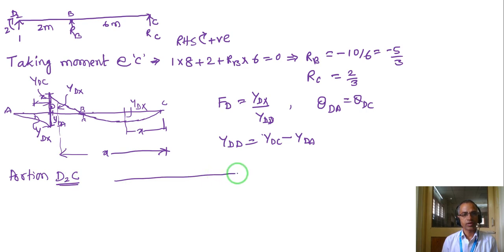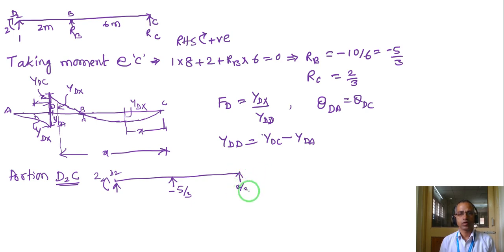So if I try to draw this, it is D2, I have a unit force and we have a moment of 2 units. We have RB which is equal to minus 5 by 3 and RC equal to 2 by 3. Okay, 6 meter, 2 meter. So I would like to take a section somewhere here at X. I have another section here.